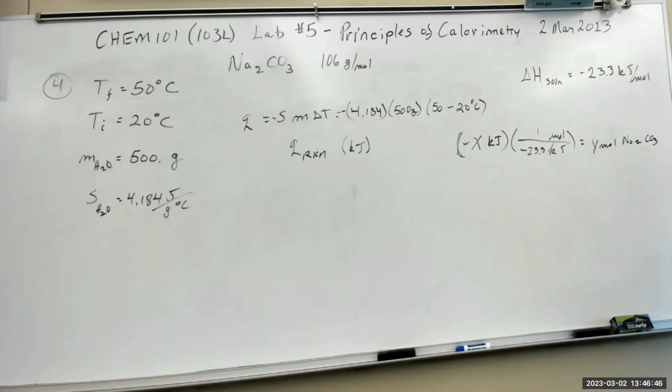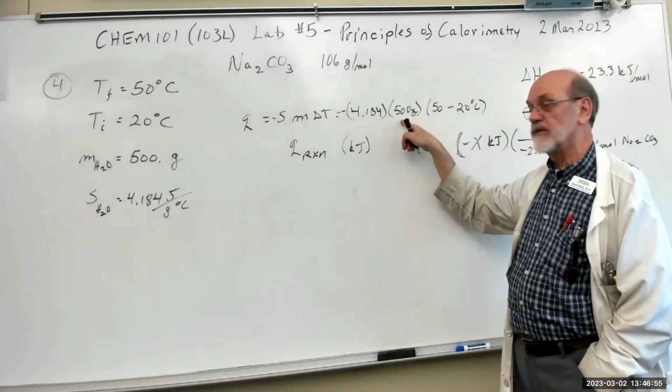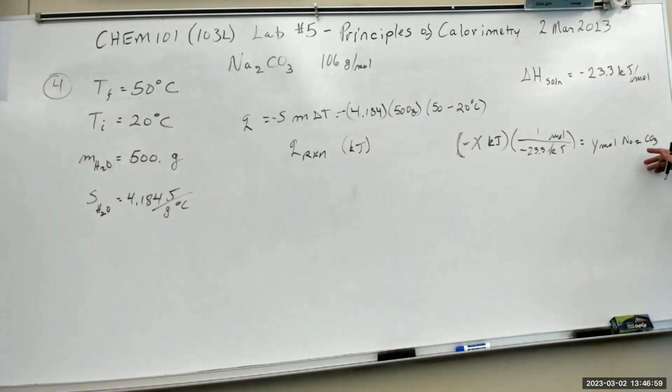That tells you how many moles of sodium carbonate you need to make this temperature change in 500 milliliters of water. You've got the moles of sodium carbonate, just convert it to grams. Use the molar mass.